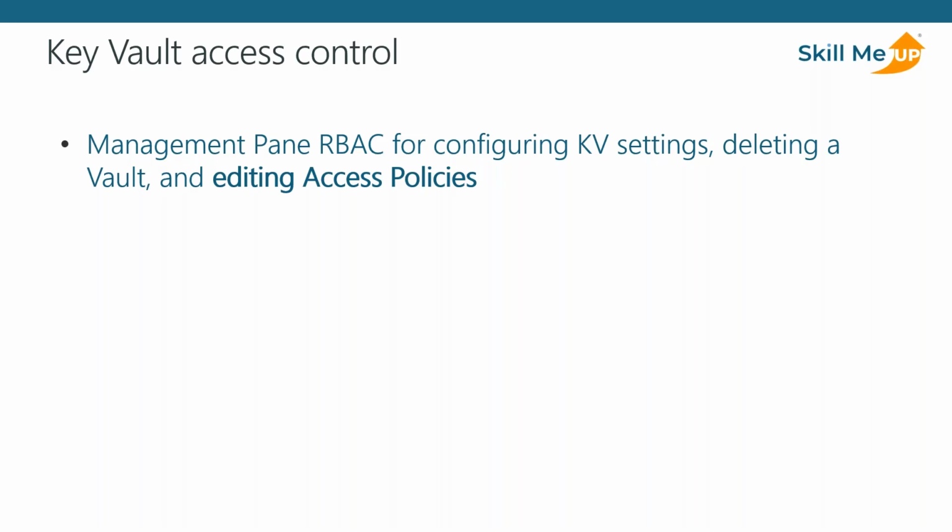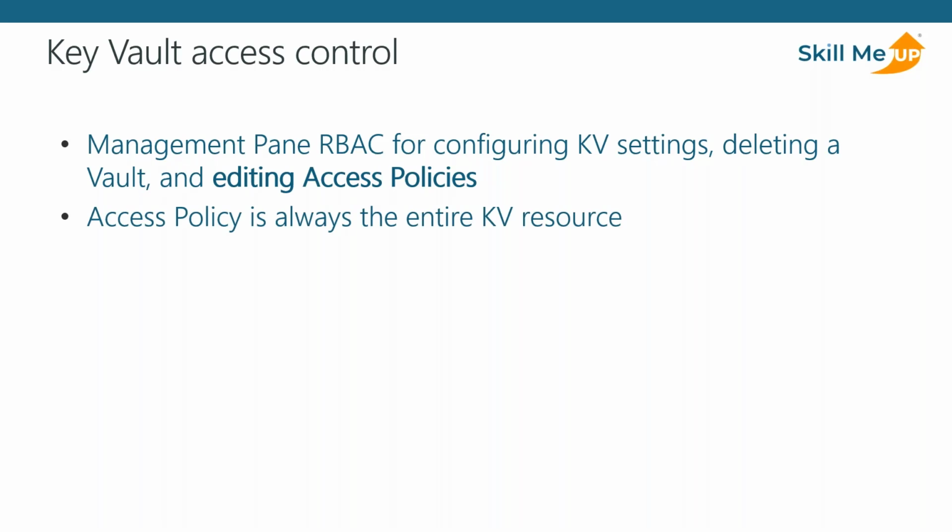But the actual access to the content within the Key Vault is done by editing so-called access policies. The access policies are a list of access control lists, so it's very similar to chmod in our Unix-based file systems. We can define from a list of predefined allowed controls. There are no built-in roles as such. And an access policy always covers the entire Key Vault resource.